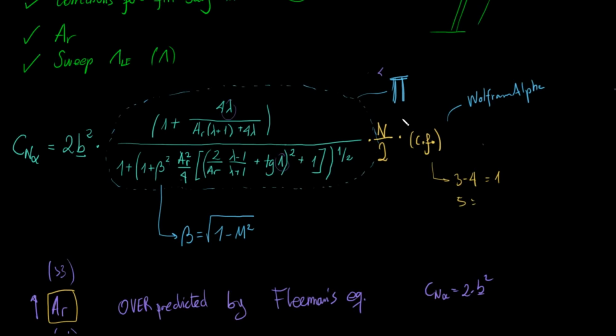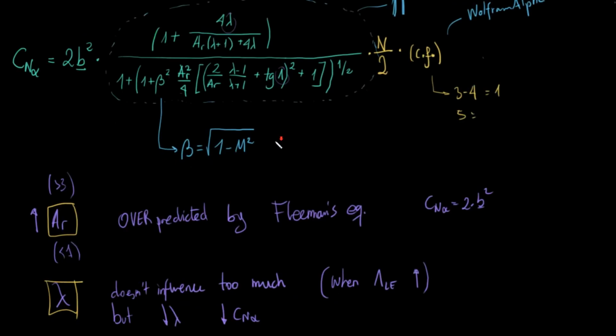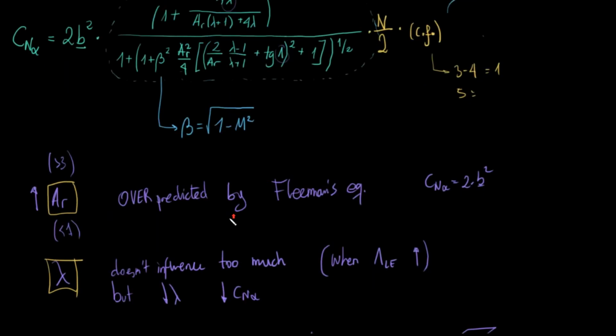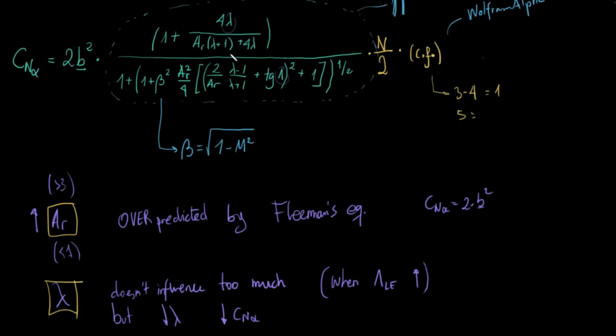We can simplify this quite a lot, because if we have sweeps from 30 to 50 degrees, which are typical sweeps, you're probably not going to go over it, because if not, you get the sweep penalty, which I'm pretty sure still happens in this corrected equation.